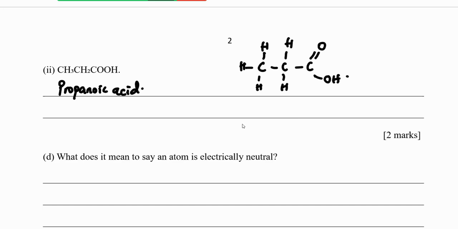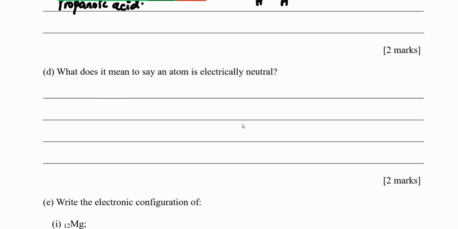Okay. Now the next question says, what does it mean to say an atom is electrically neutral? An atom is electrically neutral when the number of protons is equal to the number of electrons. Okay? So we know protons are positively charged and electrons are negatively charged. So it's more like adding a plus to a minus, it will just give you a zero.